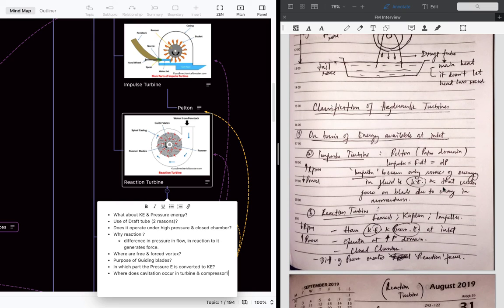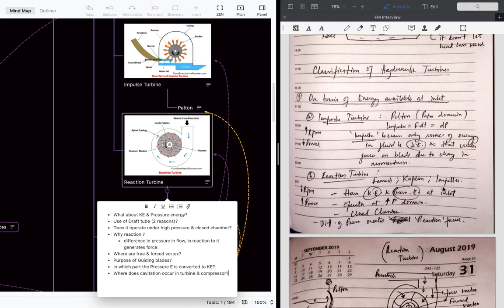So, classification of hydraulic turbines. The hydraulic turbines can be classified in certain ways. For example, on the basis of energy available at the inlet. So the energy available at the inlet divides turbines in two ways: impulse turbine and reaction turbine. In impulse, we know that an example is the Pelton turbine, which operates in atmospheric pressure conditions.